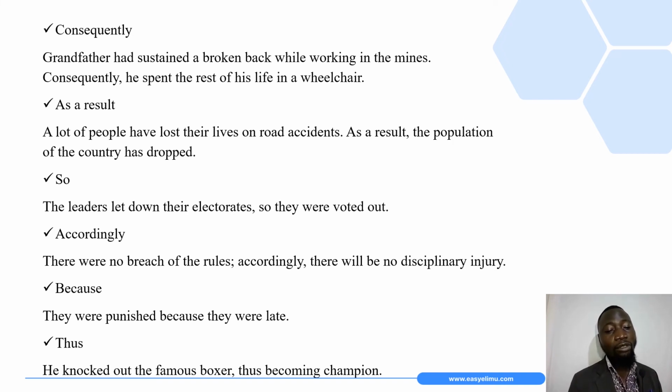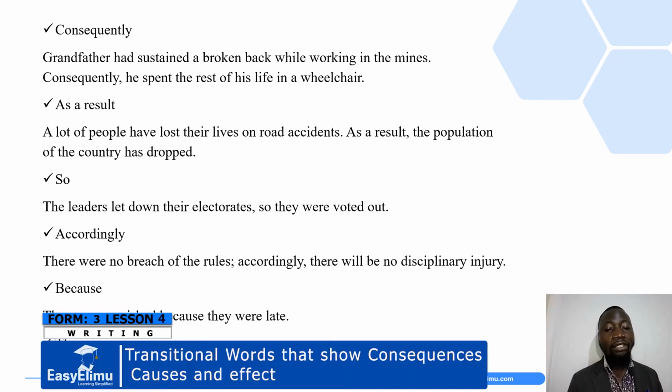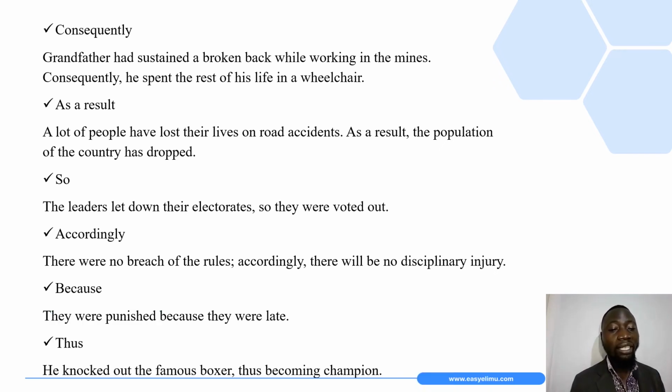Then there is another one that is most commonly used, and it is because. An example in a sentence is: they were punished because they were late. This means that if they had arrived early, they would have escaped the punishment.